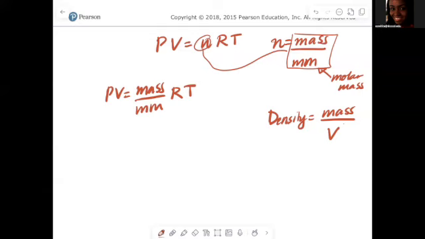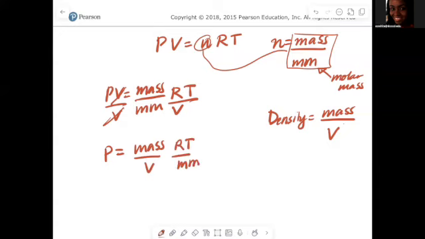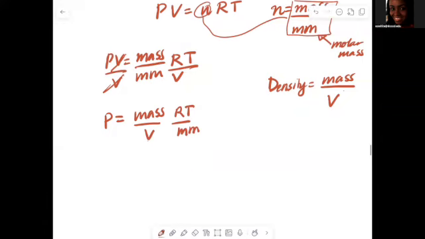I'm going to bring the volume down by dividing both sides by volume, right? And so now we have P equals mass over V, times RT over MM. We want the mass over volume by itself because that makes up the density. Actually, let me change this to density, and density has a symbol D. So I'll put D here, and then of course I still have RT over MM.